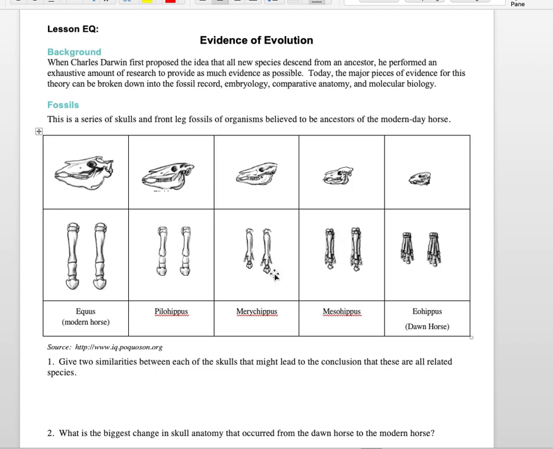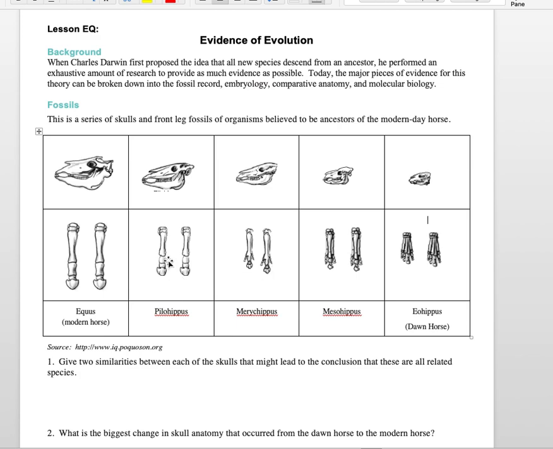As we progress to the Merychippus, you can see that the skull and the front legs are beginning to look more similar to the modern horse. Okay, we have some things that are more pronounced. The skull is larger. Again, it's the same shape. We still have those smaller bones in the front leg as compared to the dawn horse and the Mesohippus.